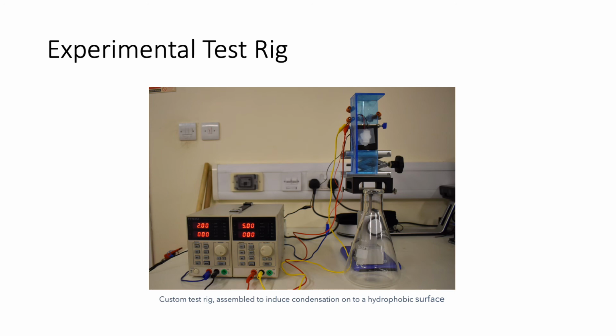Its primary purpose was to confine water vapor in close proximity to the hydrophobic surface, thus accelerating the formation of condensate. The front and right chamber profiles were left open in order to observe the formation of condensate, coalescence, and possible droplet ejection. The conical flask was used as a vessel for boiling water, which generated the water vapor required for condensation.